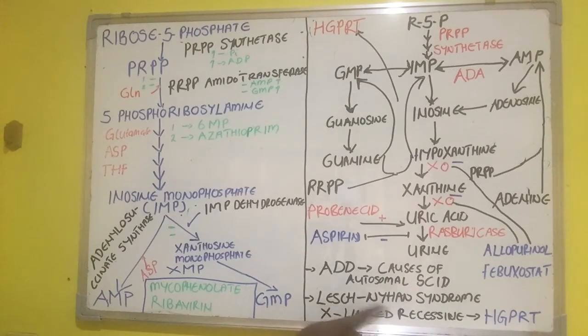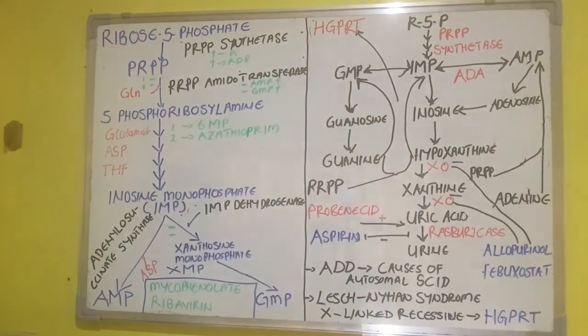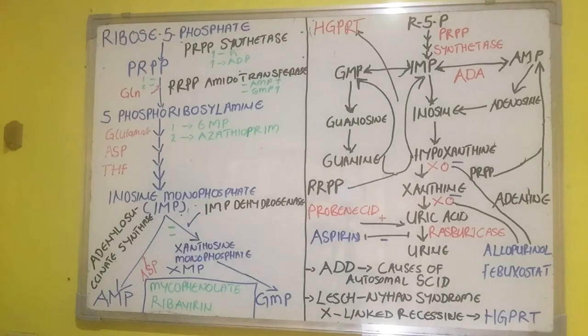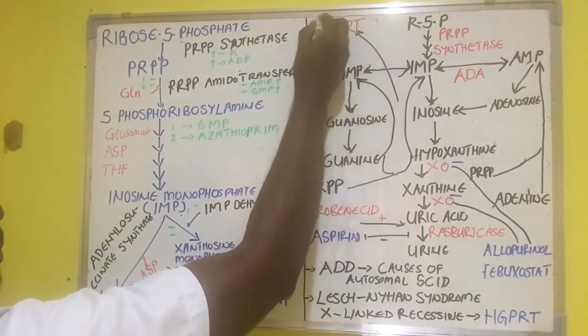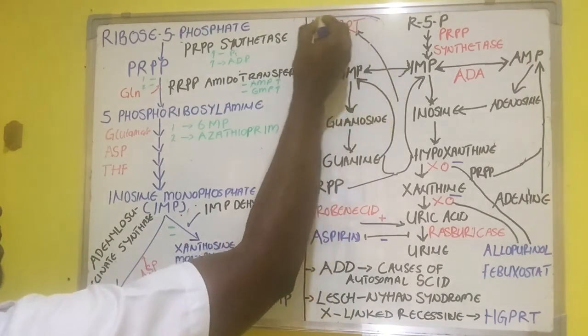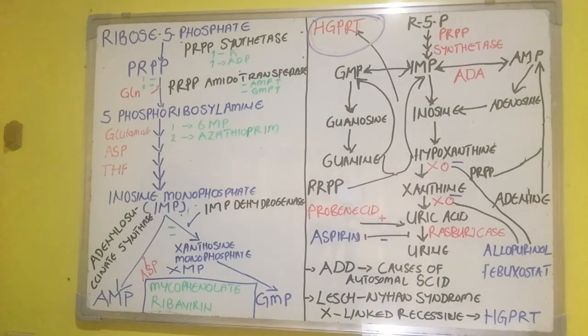Then for Lesch-Nyhan syndrome, which is X-linked recessive, it is a result of a complete absence of hypoxanthine guanine phosphoribosyltransferase. If there is complete absence of this enzyme, there will be accumulation of hypoxanthine, which could lead to hyperuricemia.